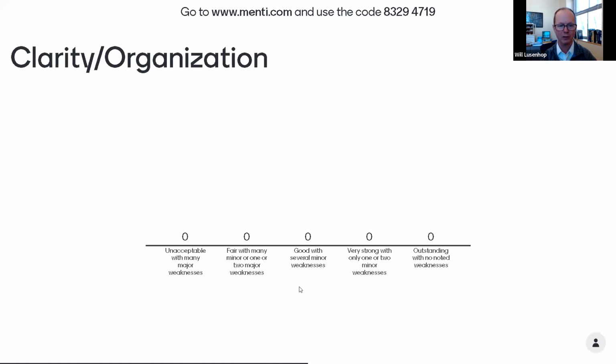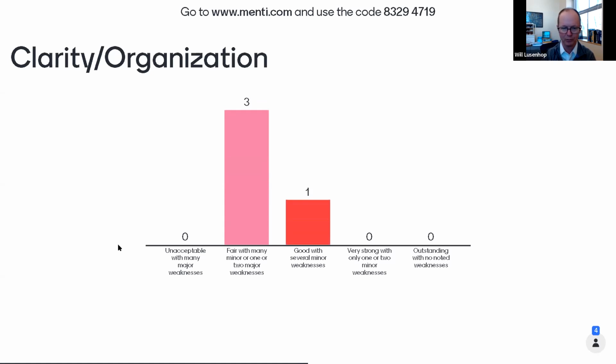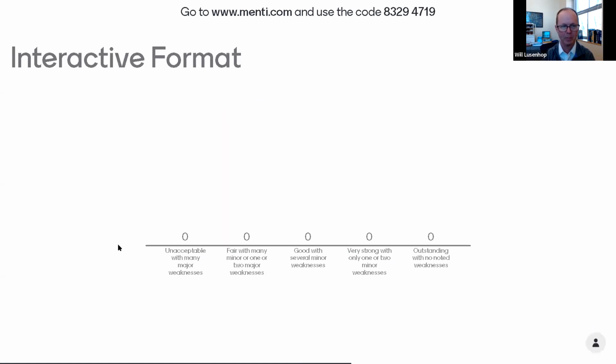Clarity and organization of the presentation. All right, so everybody kind of picks up, there's a lot jumbled in that one, so we shift a lot more to the left.